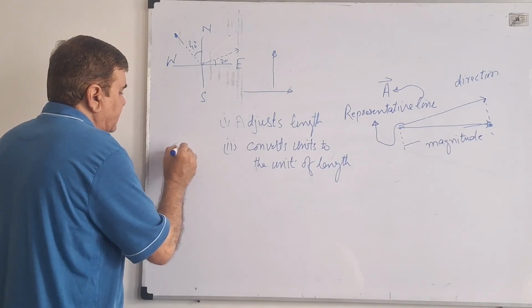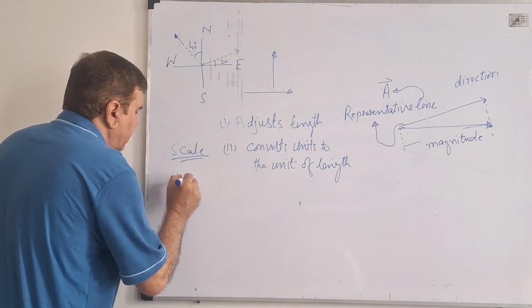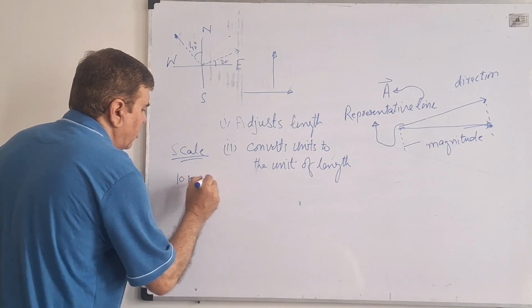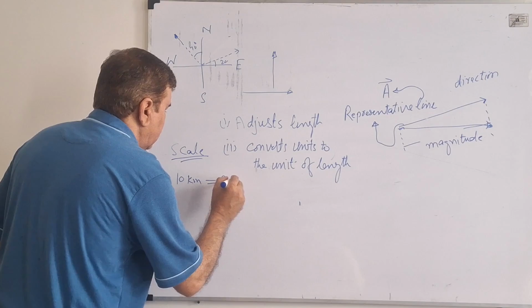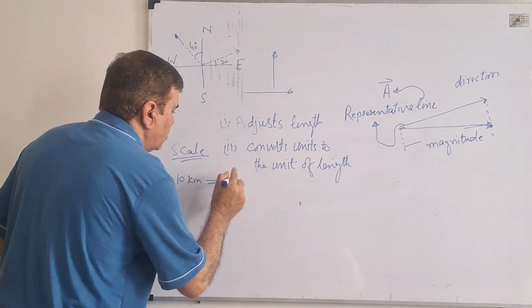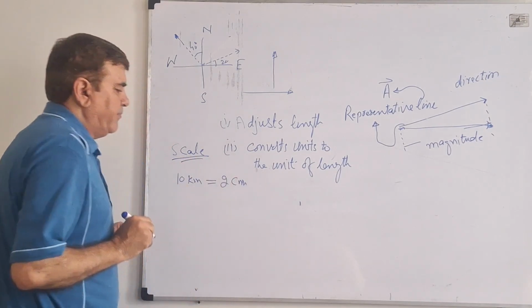So we define scale like this: 10 kilometers equals 2 centimeters.